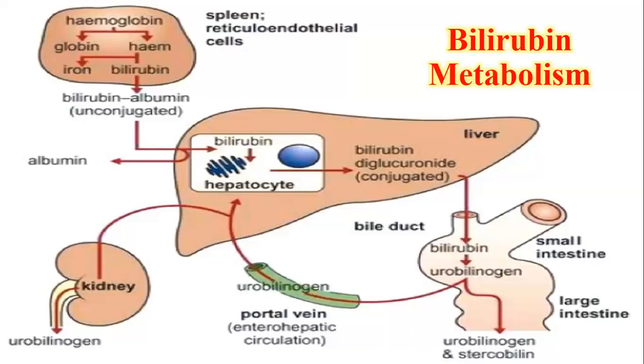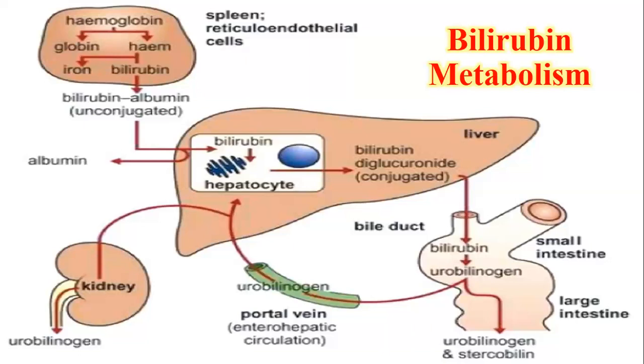After that, a very little amount will be excreted in the stool. It's called stercobilinogen or stercobilin, which gives the stool its color. That's why in a case of obstructive jaundice, when no bilirubin is excreted in the stool, the stool color becomes clay in color. A big part of the excreted bilirubin will be converted to urobilinogen, which returns back to the liver through the enterohepatic circulation.